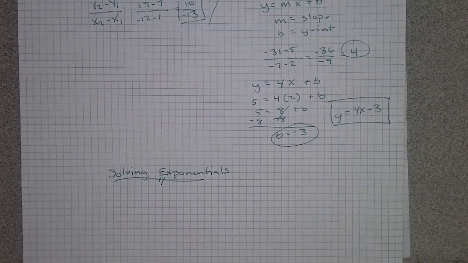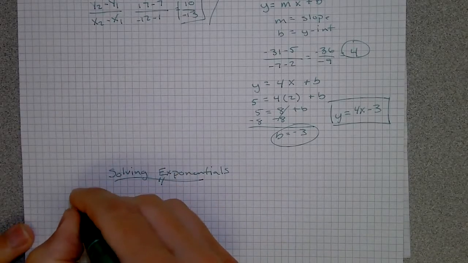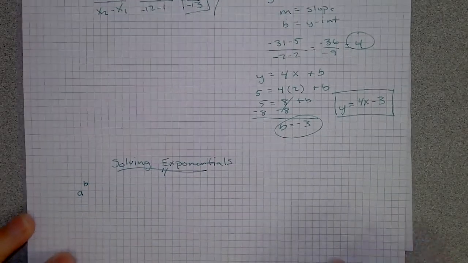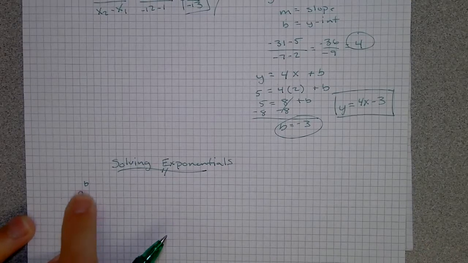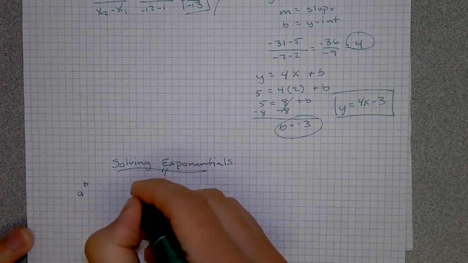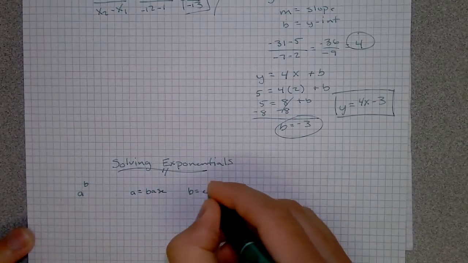Alrighty, so today we're going to talk about solving exponentials. So exponentials are written as a to the b, or obviously we're going to be using numbers and x's, but a is what we call our base, b is our exponent.